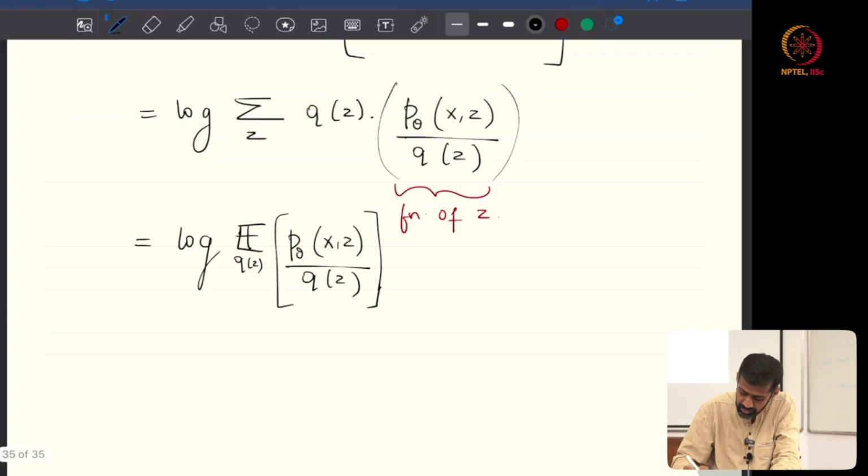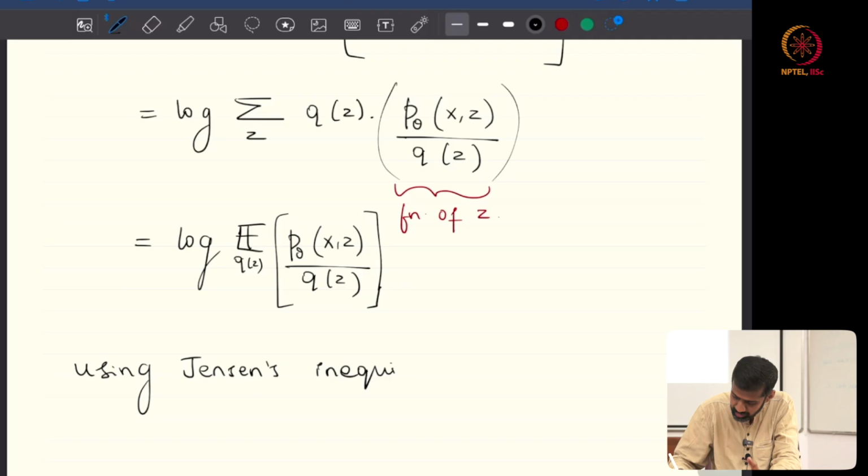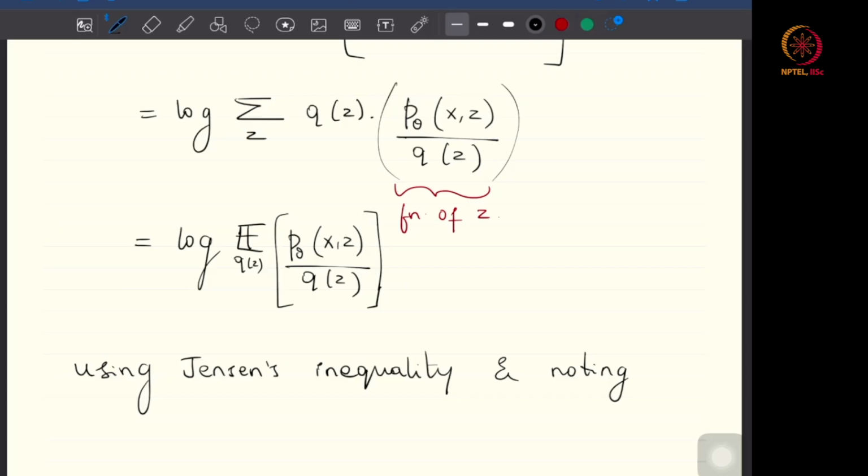So we have, just a second. Logarithm is a concave function, right.